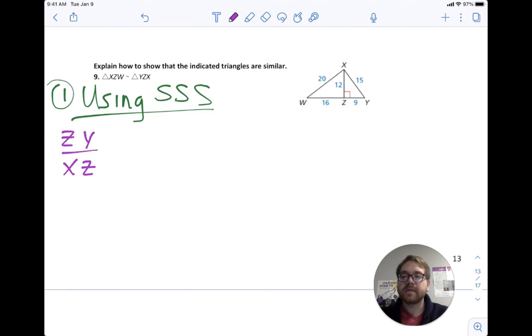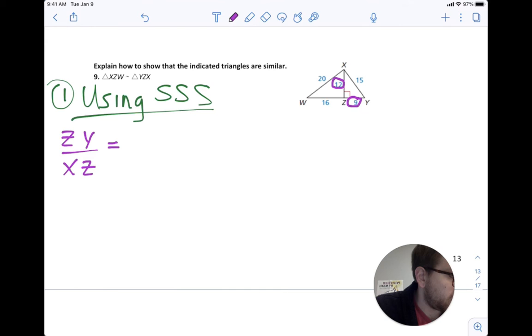All right, so the first sides I'm going to compare are ZY and XZ. And those are actually just the smallest, right? I chose those because this side ZY is the smallest side of this triangle, and XZ is the smallest side of this triangle. So I know that those are corresponding. So I'm going to compare those.